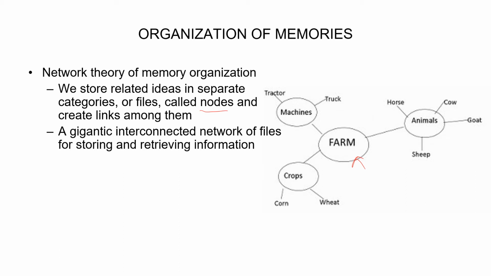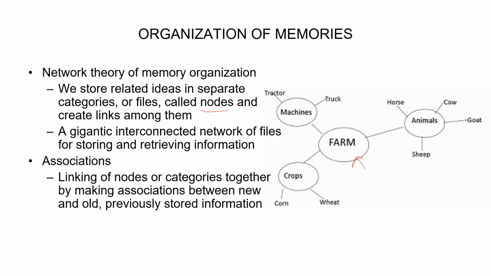Then it's a giant interconnected network within there. And within this interconnected network, we have associations. These are the way nodes are linked together. Whenever we are bringing new information into the brain, we link it via associations to information that already exists in our brain.